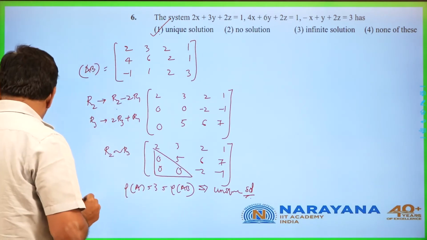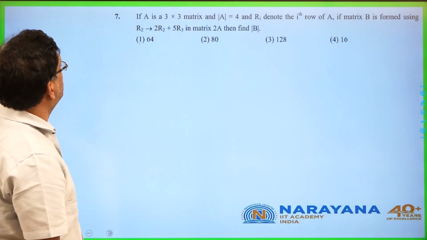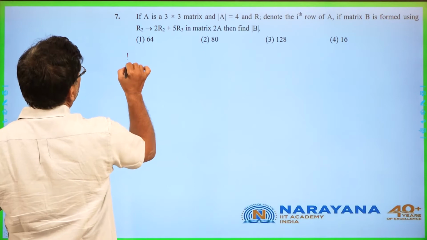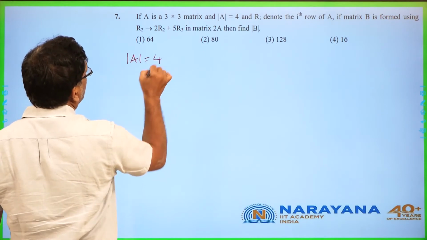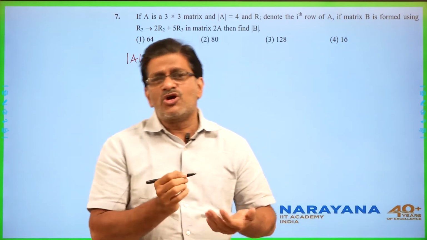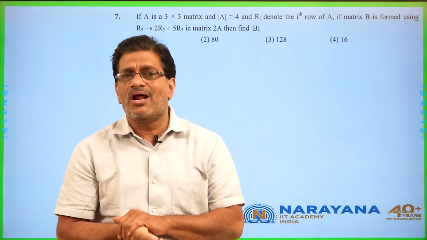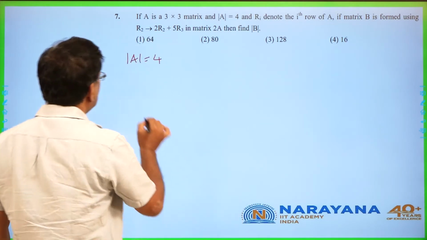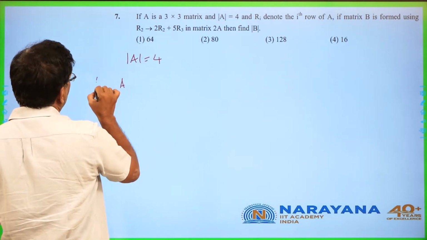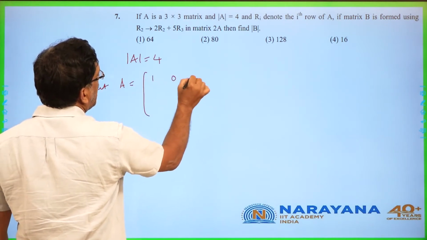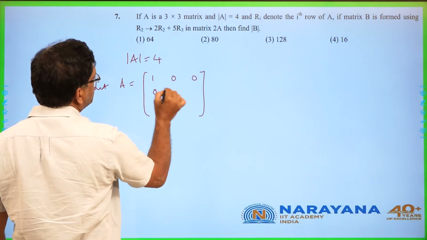Let us go to the next question. Question number 7. A is a 3 by 3 matrix such that determinant of A equals 4. Remember, here the theoretical procedure you can adopt, or by trial and error also you can do it. So in this type of cases, to avoid that confusion, you can choose some matrix. Let us say matrix A equals, I will choose like this.